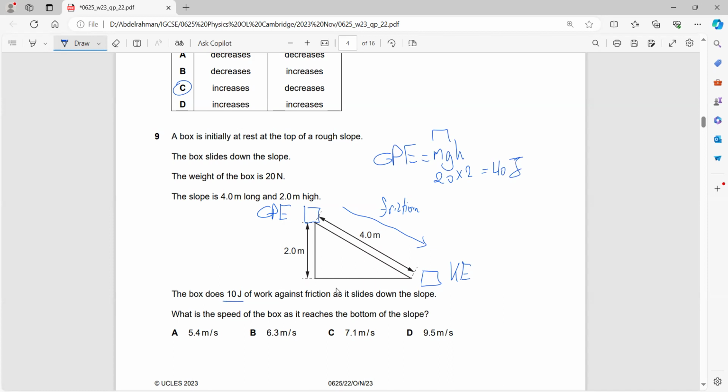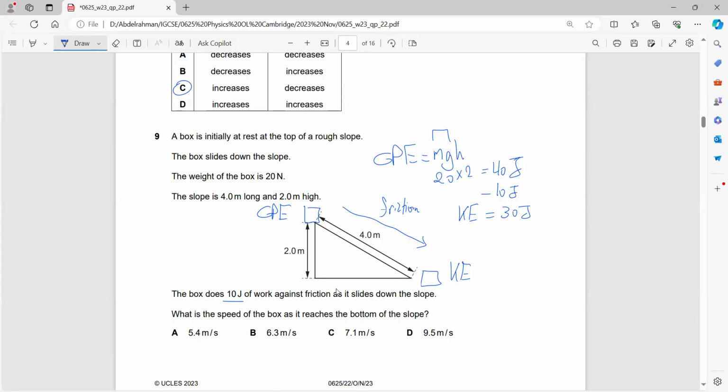As it slides down, it loses 10 joules, so the total kinetic energy should be 30 joules. In this case, we do need to find the mass because the kinetic energy is half mv squared.